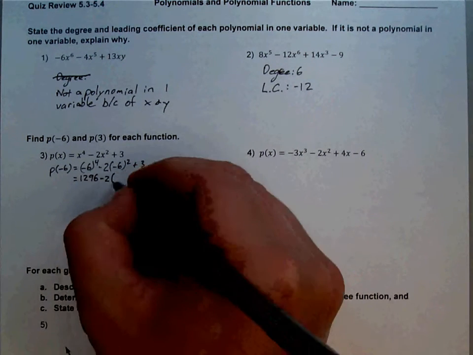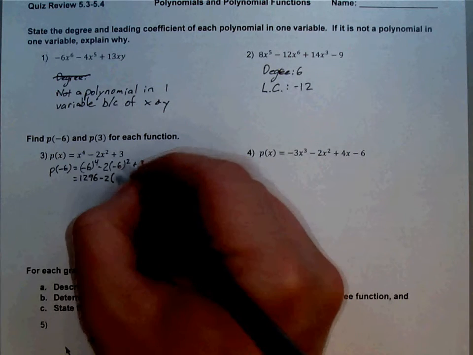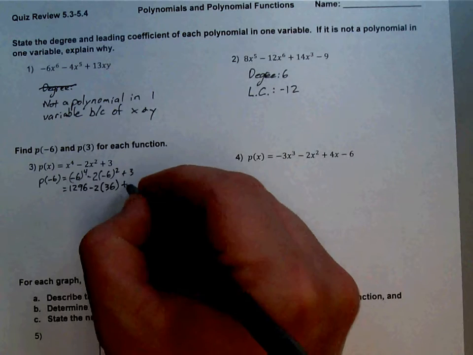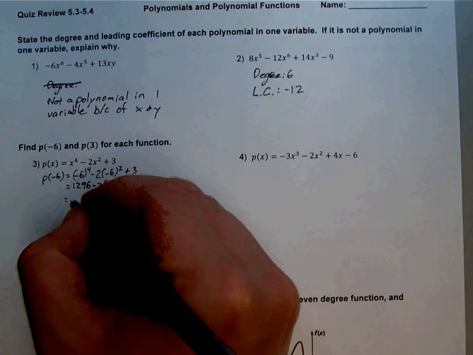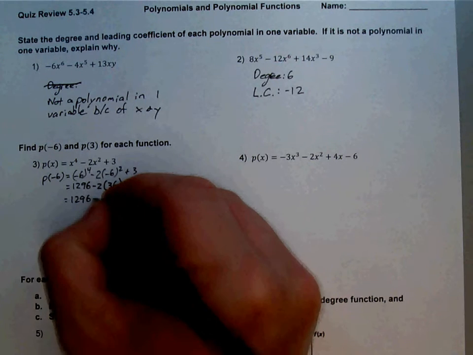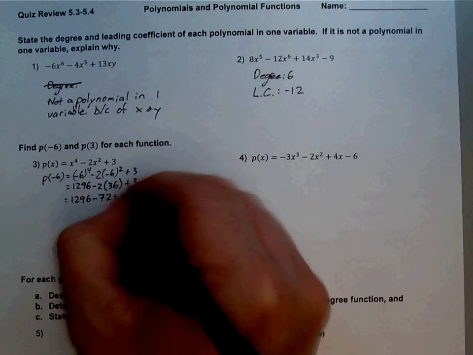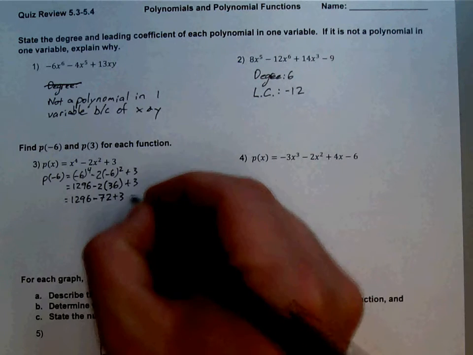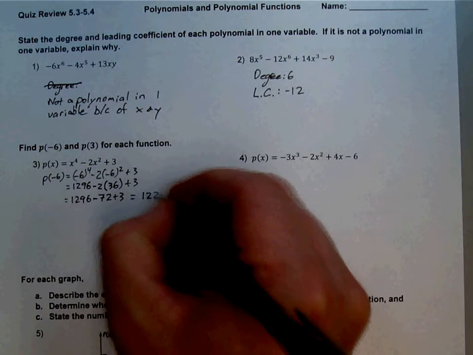Then we have minus 2 times negative 6 squared. That's a positive 36. Make sure you don't multiply before you use the exponent. So negative 2 times 36, that's negative 72. And then at that point, I'm just going to type that in the calculator. 1296 minus 72 plus 3. We get an answer of 1,227.